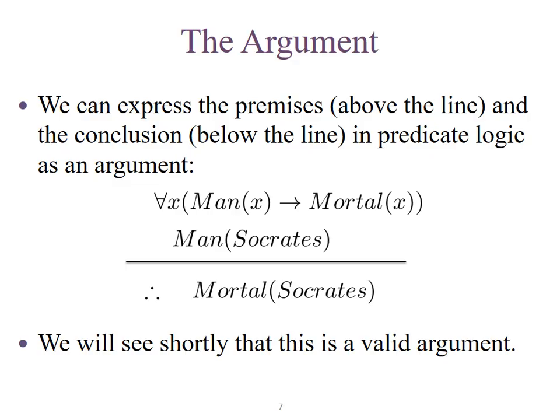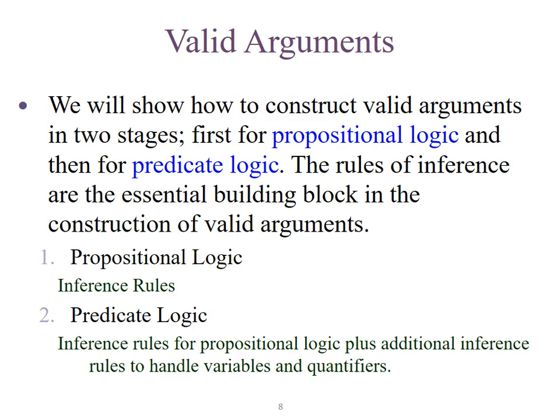We list all premises above the line, and then we give the conclusion under the line. Because based on all these given premises, then we can get a conclusion. So then we call this the valid argument. Okay, so firstly, let's see what's the definition of valid argument.